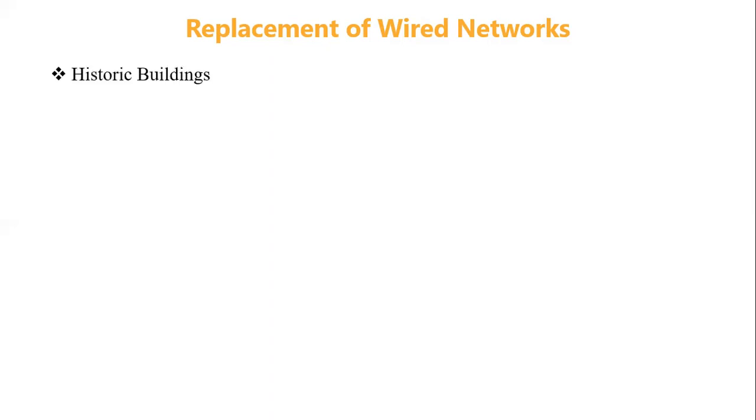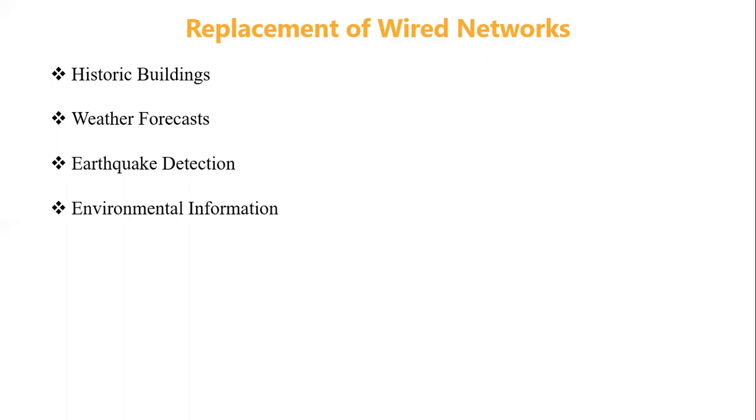In all such cases, a wired network may not be a preferable solution, and cost wise, economically also it may not be feasible. But in such cases, mobile communication would be very helpful, and it comes in handy for these types of applications.